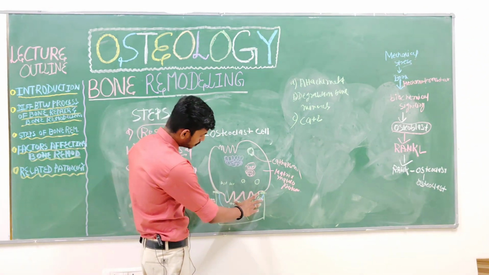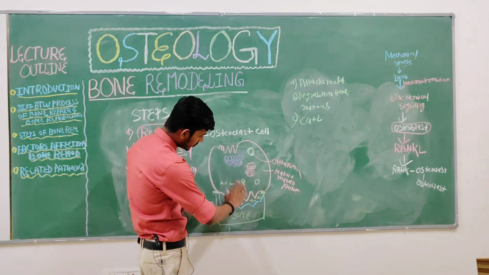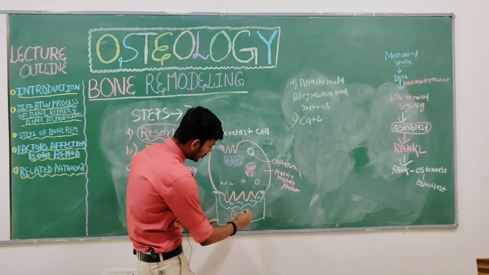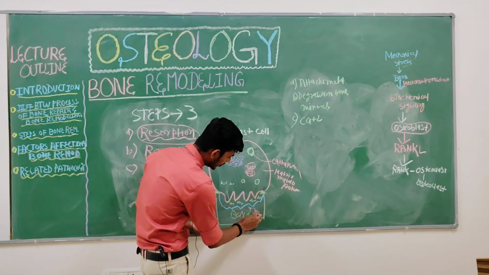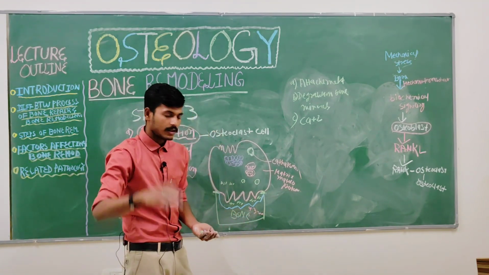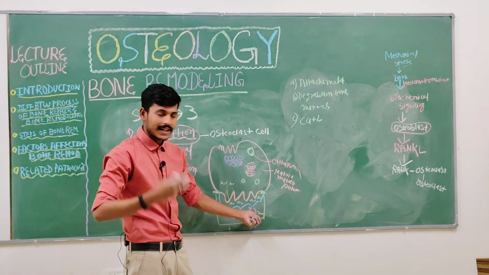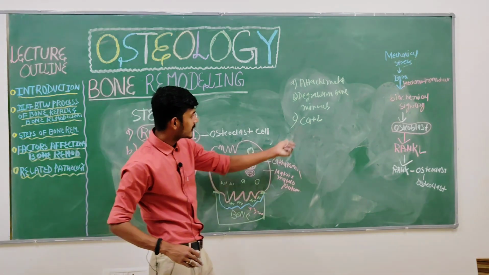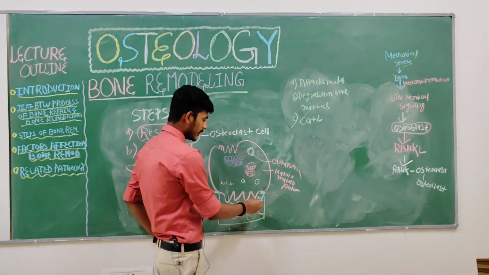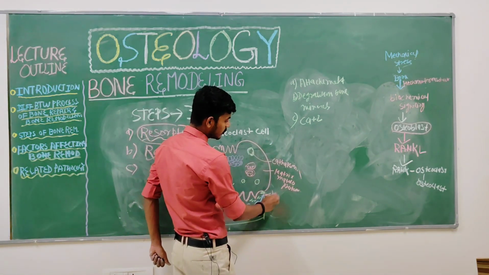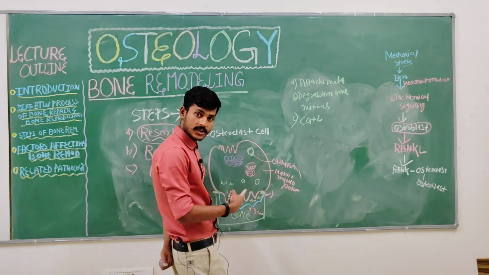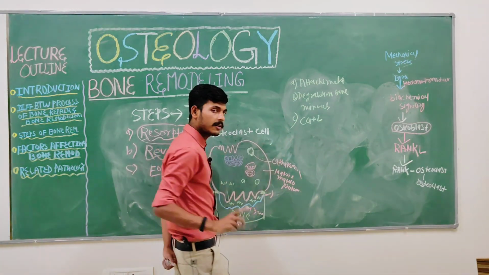The main thing you should remember is that by this ruffled border there is a creation of an isolated environment. Now they release hydrogen ions, and the pH will go to 4.3, which in turn digests the bone mineralization, and there is a release of calcium. By the action of this enzyme and this acidification, there is a release of calcium ion.